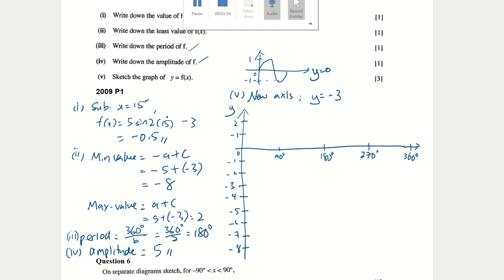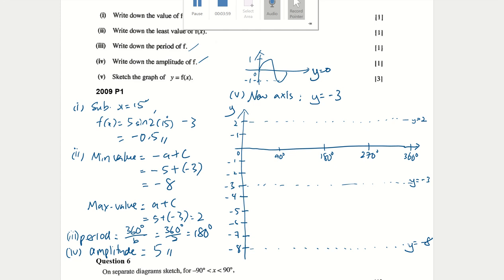Next I need to mark out where my maximum is. My maximum is 2, so I draw a dotted line y equals 2. I also draw my new axis, which is y equals negative 3. I also draw a dotted line for my minimum, which is y equals negative 8. Okay, so I can proceed to draw.